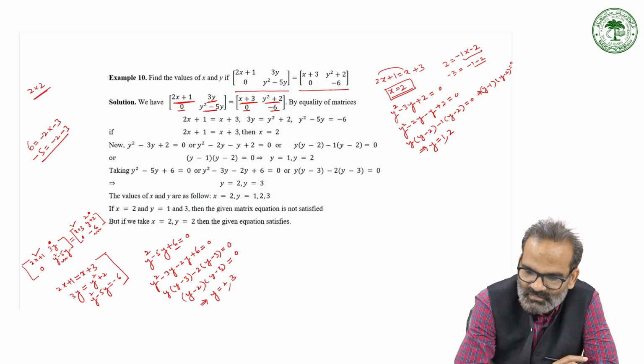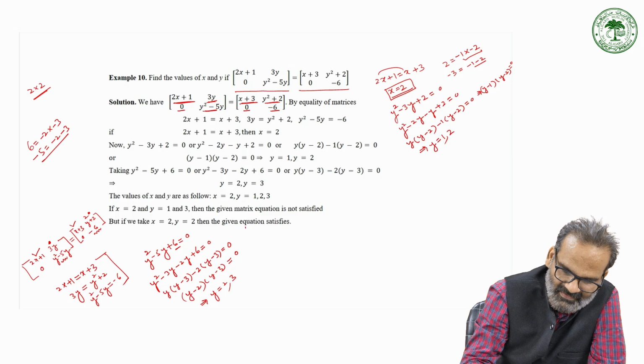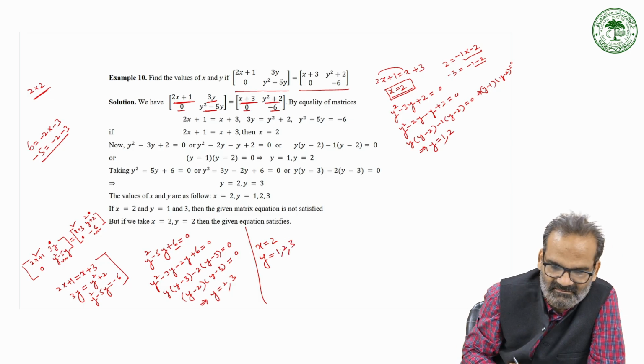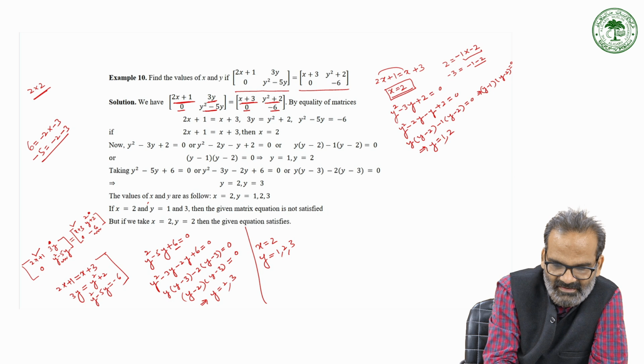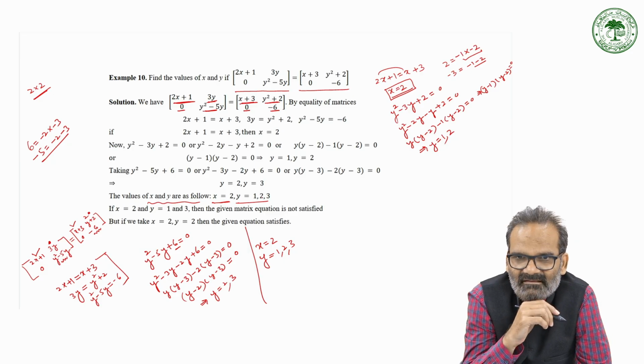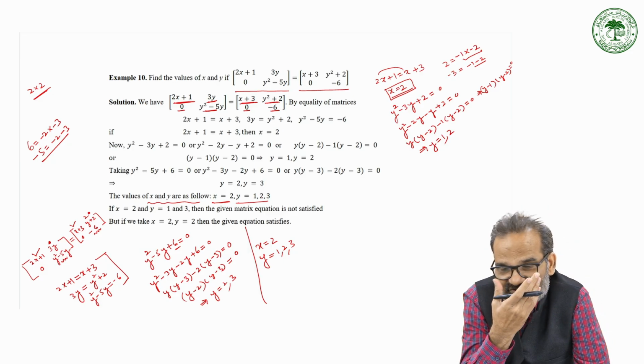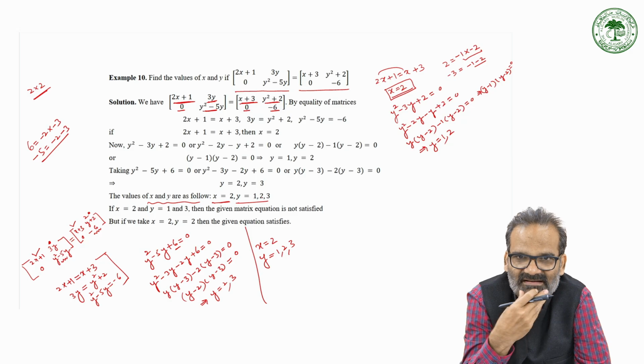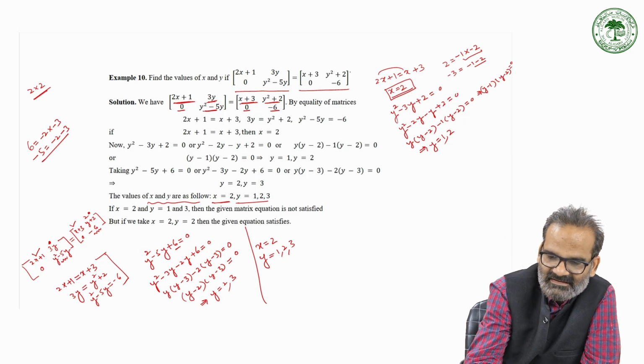So what values do we actually obtain? Clarify from here. x is getting only one value, that is 2. y is having 1, 2 and 3. So y here has 3 values. We will have to check which value is satisfied by the given matrix equation.